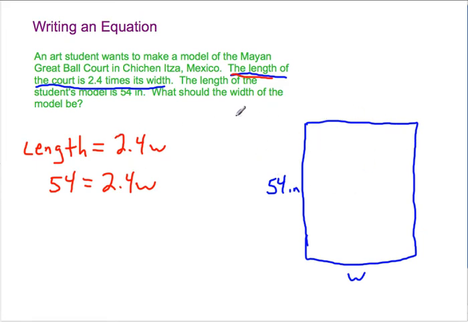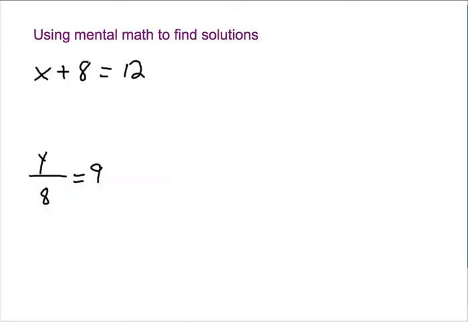So the length of the student's model is 54. What should the width of the model be? This is our equation. For this, we're just writing the equation. We don't need to solve it right now. So that's how you do that.